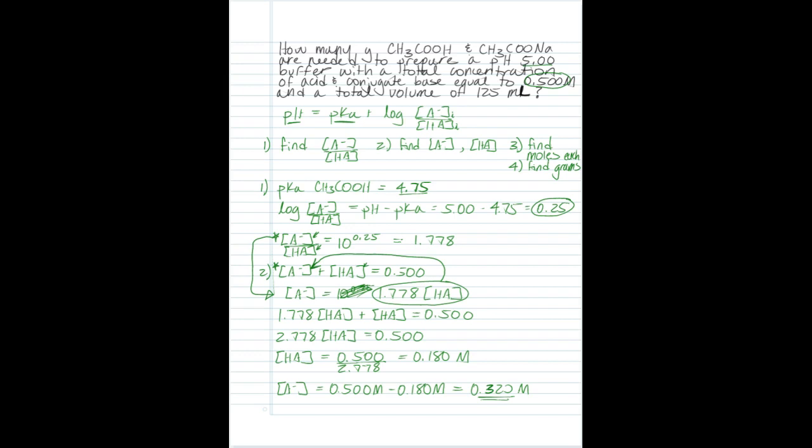So that makes sense. Just a note that when you do this, you could end up getting a negative value for the pH minus the pKa, and that's fine. You can take 10 to the negative value and get a number less than 1.